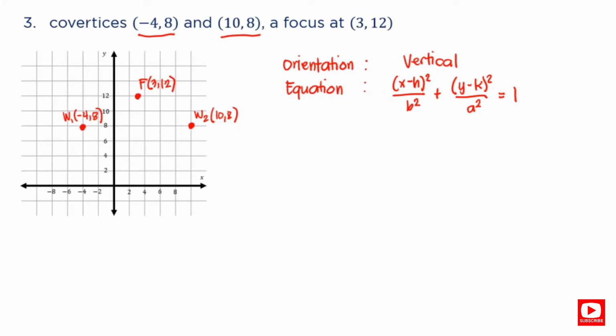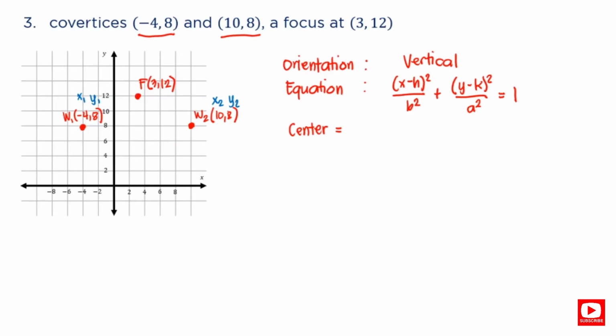So here, we need to solve for the center, coordinates of the center, since the co-vertices are given. So therefore, we can get the center by taking the midpoint of these two co-vertices, right? So the center now is just equal to, suppose this is our x sub 1, y sub 1, this is x sub 2, y sub 2.